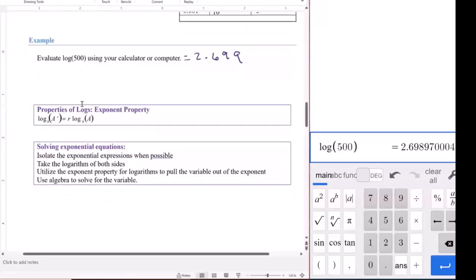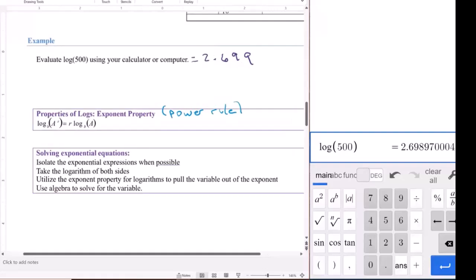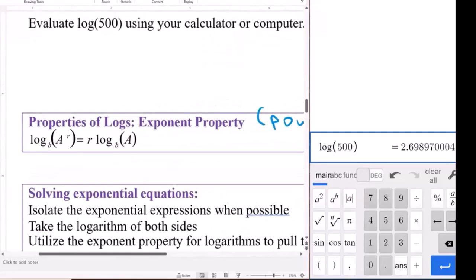Be careful. Here we have, this is called the exponent property, often called the power rule. Basically what it says is, here, let me make this a lot bigger. We're taking the exponent on the thing inside parentheses, and we're literally bringing it to the front.